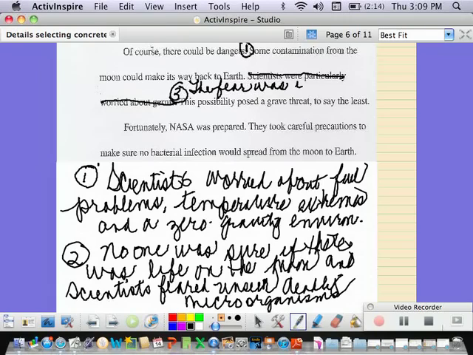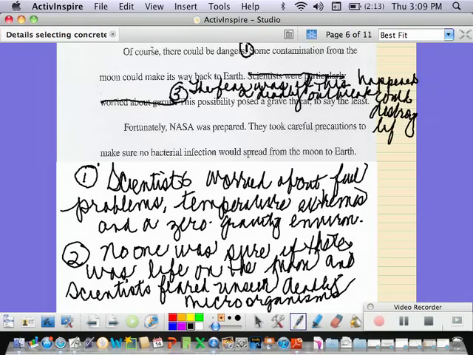The fear was, if this happened, and this is the contamination, a deadly outbreak could destroy life on Earth. All right, now let's look at what we got.